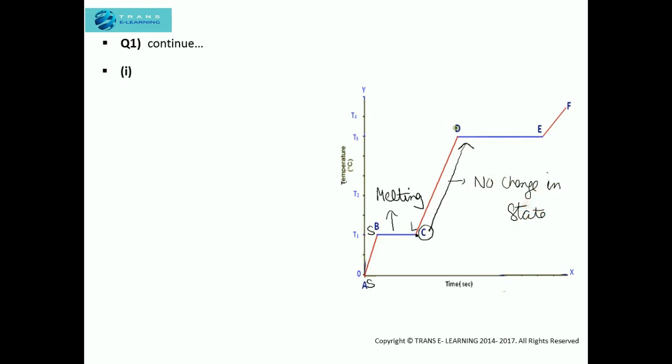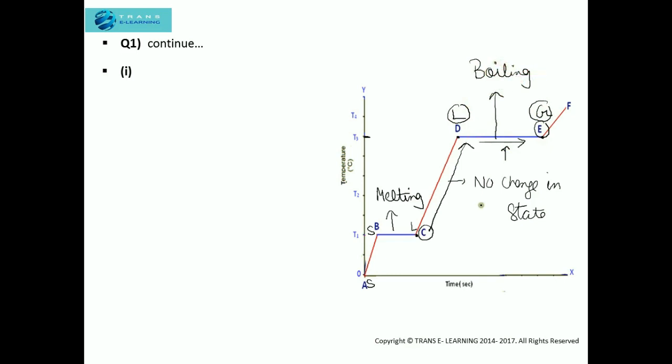So this point D will also represent the liquid phase, and we can see here that DE is a horizontal line which represents there is no change in the temperature, that is T3. So in this case there will be a change in the phase, and E will represent the gaseous phase, and the transition from the liquid to the gaseous phase on heating represents the process of boiling or vaporization.